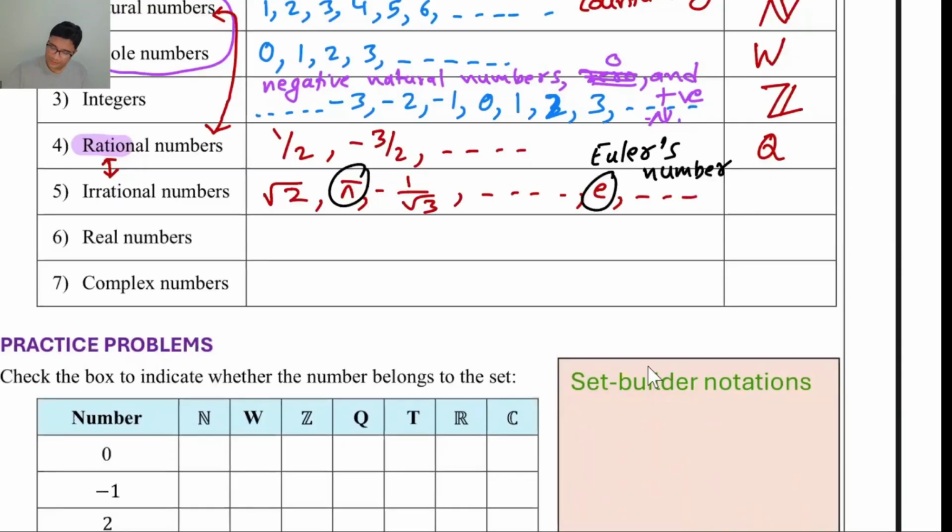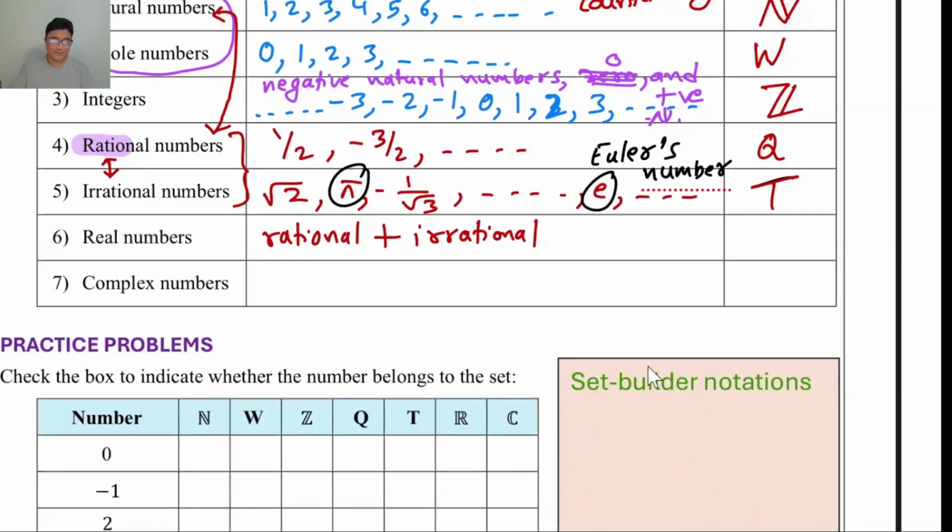And what is the notation for irrational numbers? T. Then come real numbers. What are real numbers? Put them together: rational plus, in very informal language, irrational.